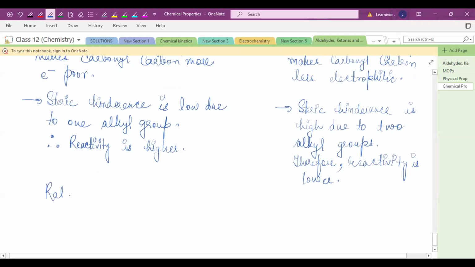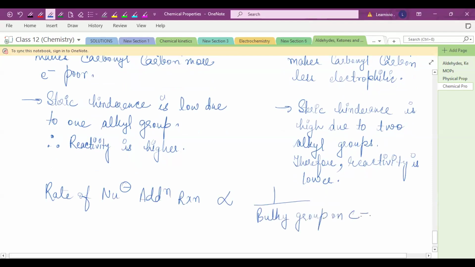So here, the rate of nucleophilic addition reaction is inversely proportional to the bulky group on the carbonyl carbon, right?